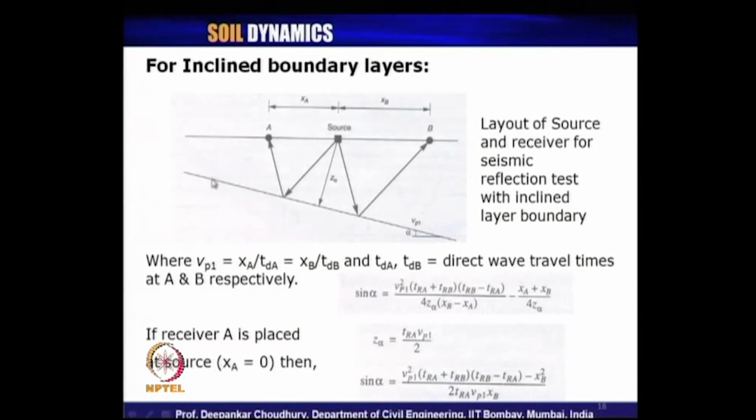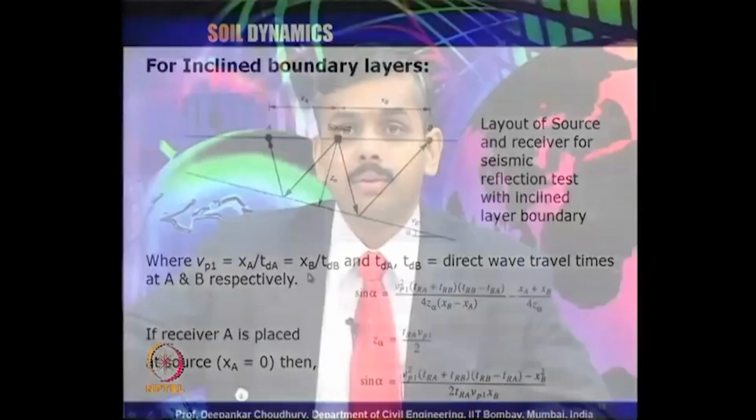That is, you plot the time for receiver A on the left hand side of the y axis and for receiver B on the right hand side of the y axis, then start drawing the t versus x plot. At the junction of them, the slope of the curves will give you the value of VP, from which you can find out the alpha inclination of the layer.